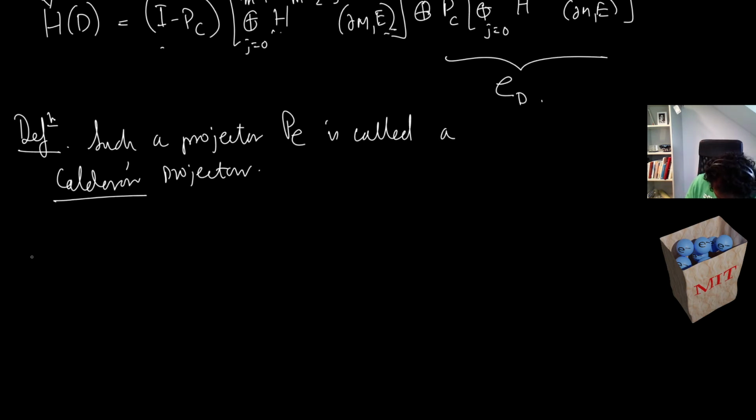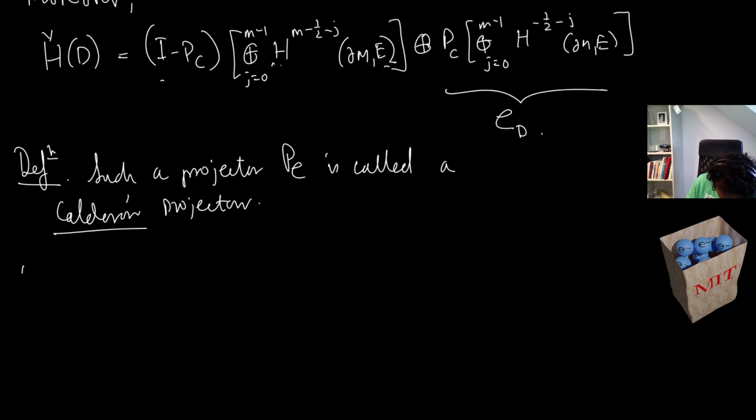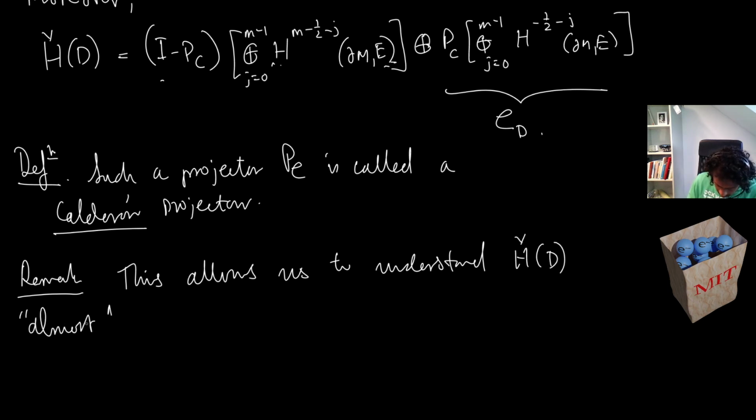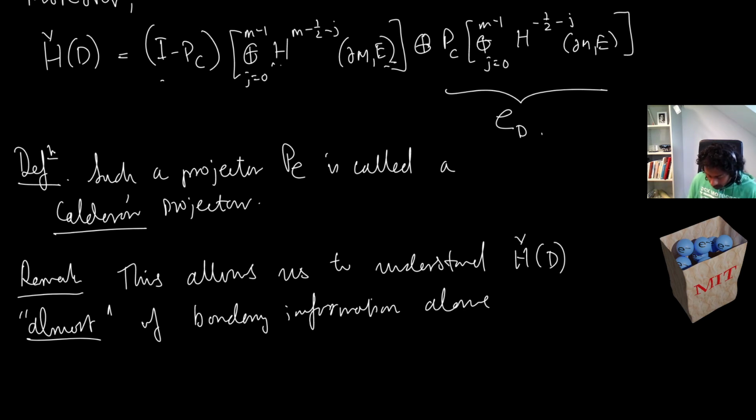Okay, so what does this decomposition allow us to do? Let me write it down. This allows us to understand the H check space of D almost of boundary information alone.